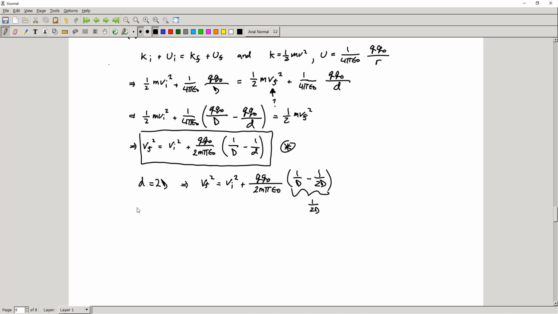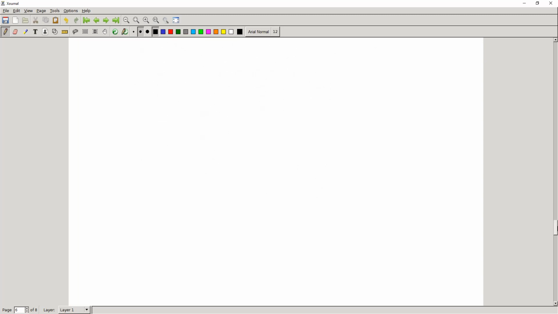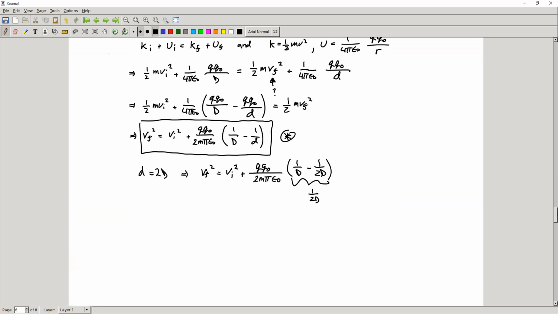And substituting that all back in, I'm for sure going to run out of space. I'm going to start writing sideways here so we don't totally run out of space. If we clean this up, and take the square root, obviously, because we want to isolate Vf, we're going to find Vf is equal to V initial squared plus q naught over 4m D pi epsilon naught, all to the power of 1/2 because we're taking the square root.